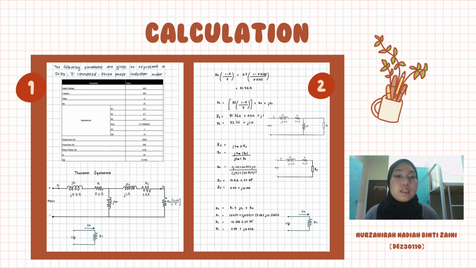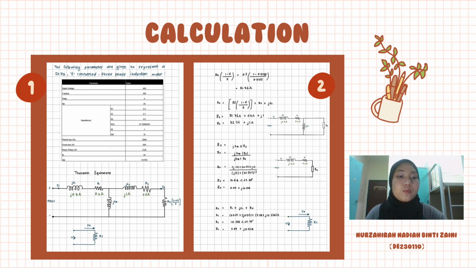Next, we need to make the circuit a simple circuit, so we need to find the Z2, which is a series of jX2 plus R2 plus R2 multiply (1 minus S) divide S. So we can get the answer, which is 32.26 plus j1 ohm.